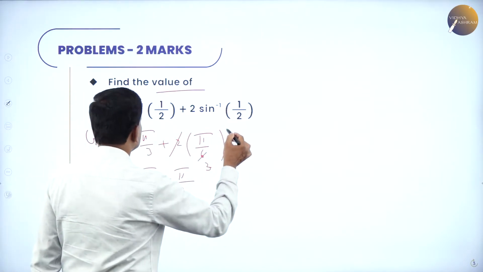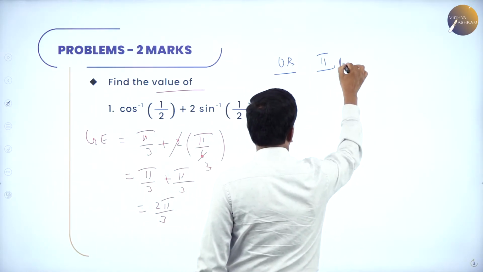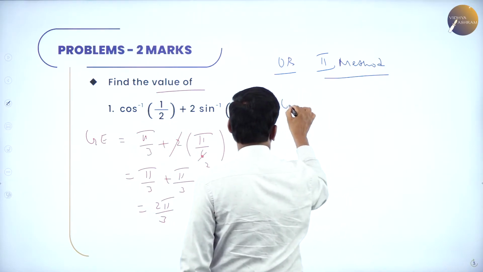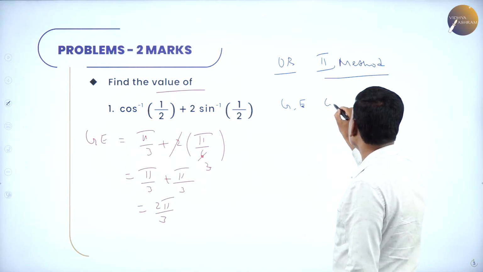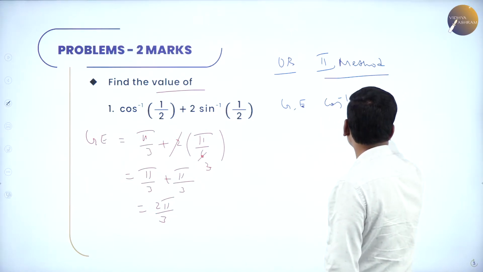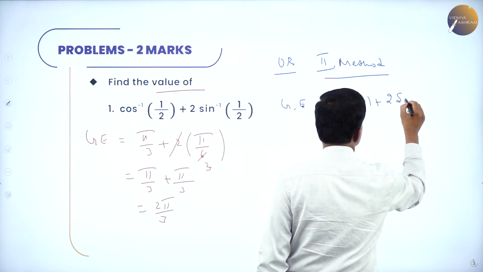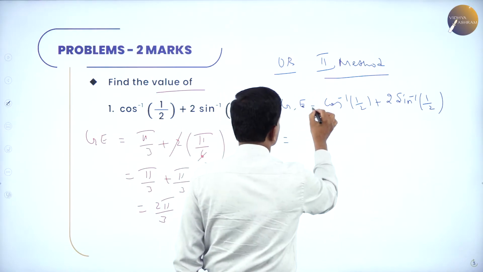Now let us come to the second method. I will write the second method. What is the given equation? The given equation is cos inverse 1 by 2 plus 2 sine inverse 1 by 2. Now let us split this.